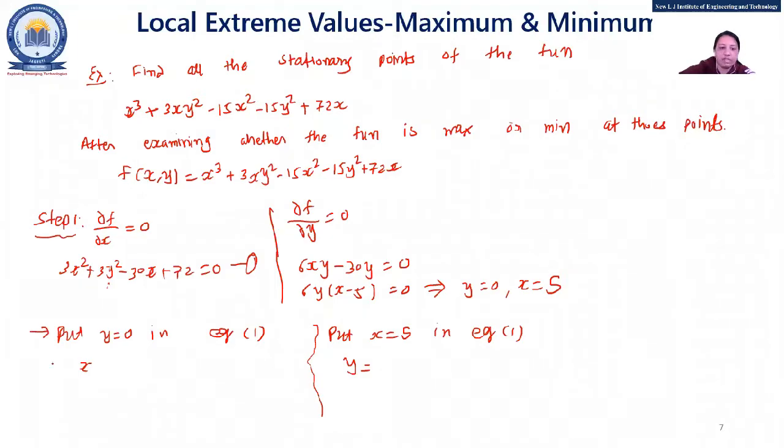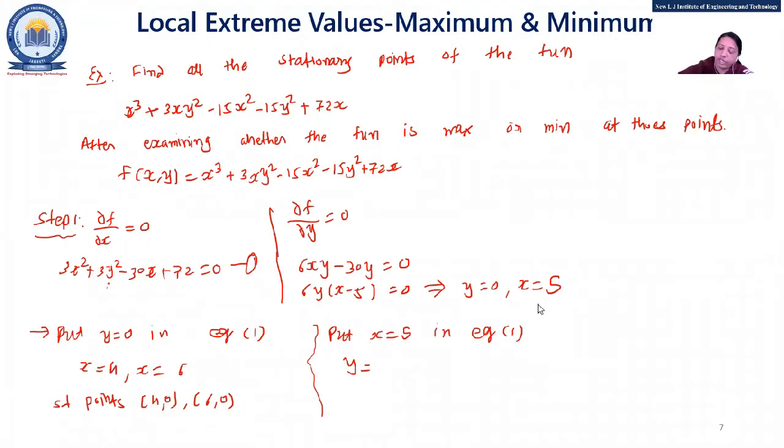If any doubt, raise your hand. This is simple. You will get x equal to 4 and x equal to 6. So the stationary points are x 4, y 0 and the second is x 6, y 0. Now if you put x equal to 5 into equation 1, y square equals 1, so y equals plus or minus 1.